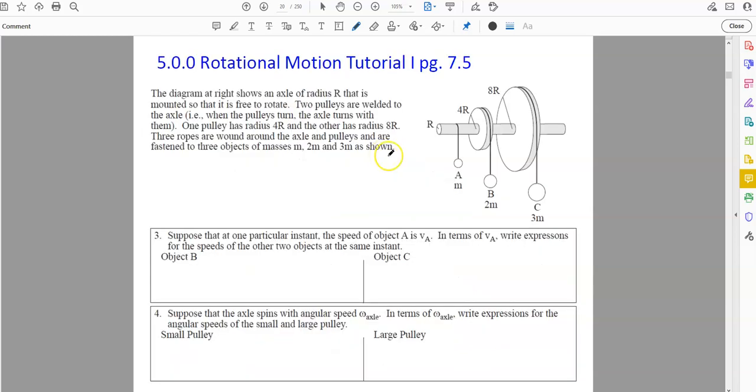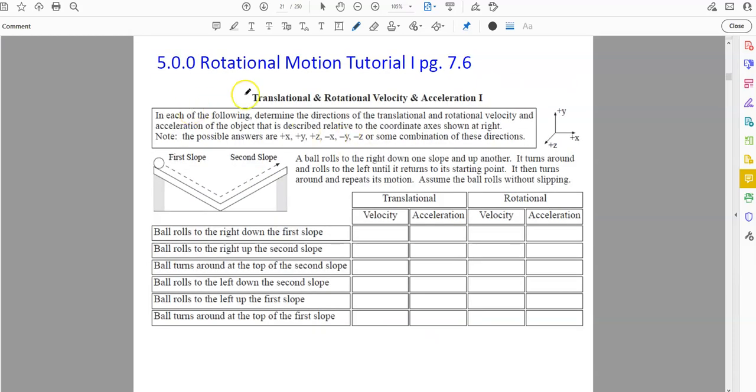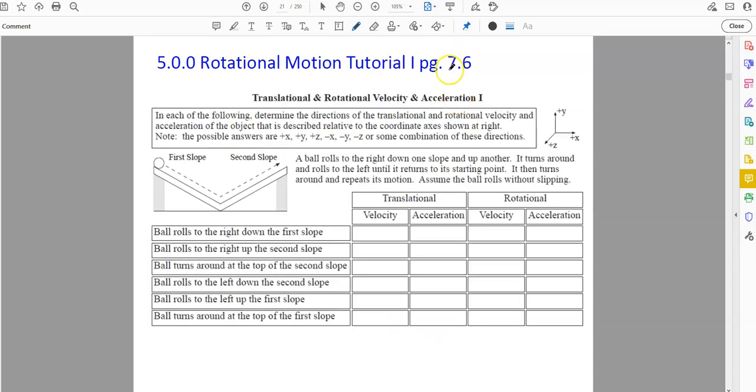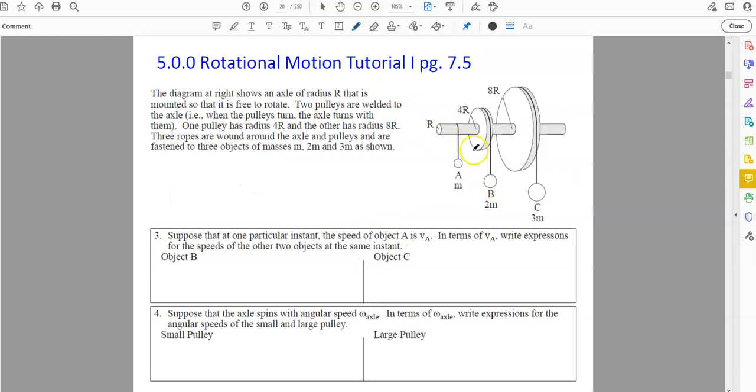Okay? So there are two tutorials related to this: the page 7.5 tutorial and the page 7.6 tutorial. I would like you to try those out and see how you do on them. We're going to go ahead and break for today, but use what you learned to interpret linear velocity and angular velocity.